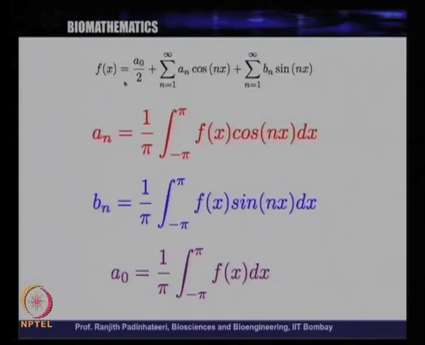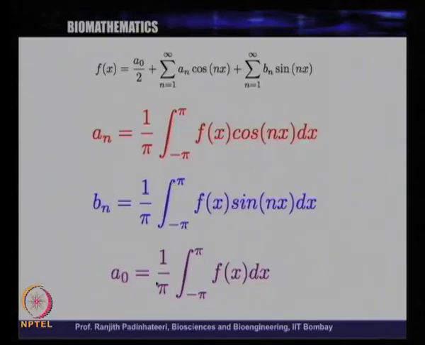You multiply like this and then you get this, and b n is this. a 0 is this. Why is a 0 this? Just put n equal to 0 in a n, and you essentially get the same thing. It is written in a different way, but that is fine. So, a n and b n can be defined in this particular way.